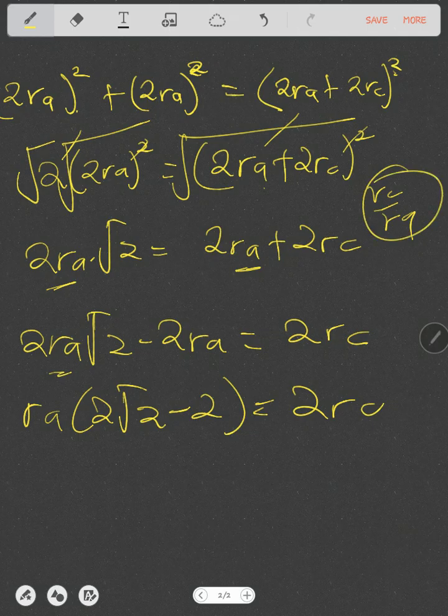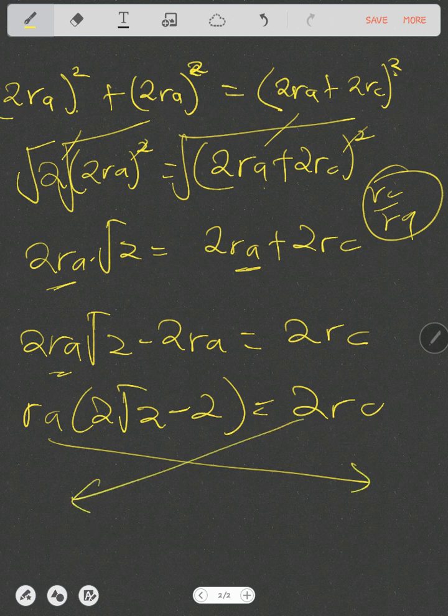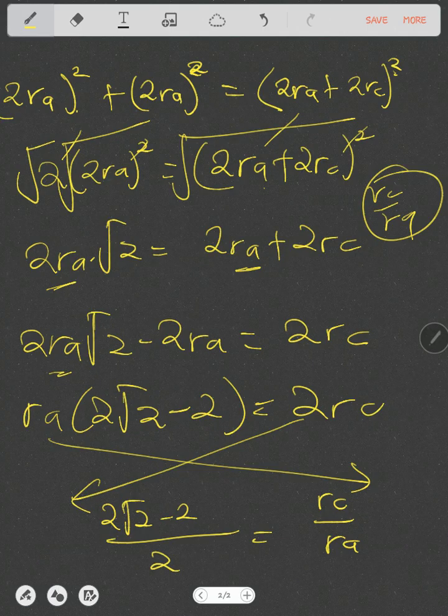Our aim is RC over RA, so we bring this RA down and this 2 down here. So RC over RA, the A coming down here, gives us 2 square root of 2 minus 2 all over 2. So this is what we get.